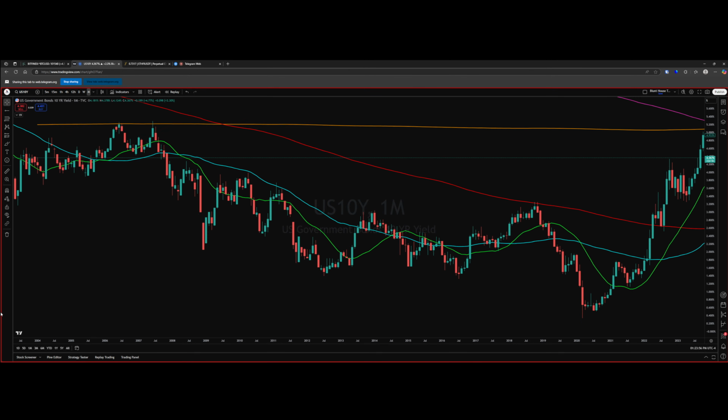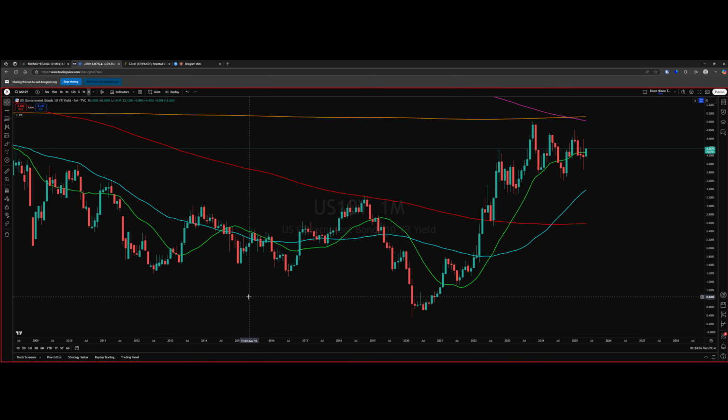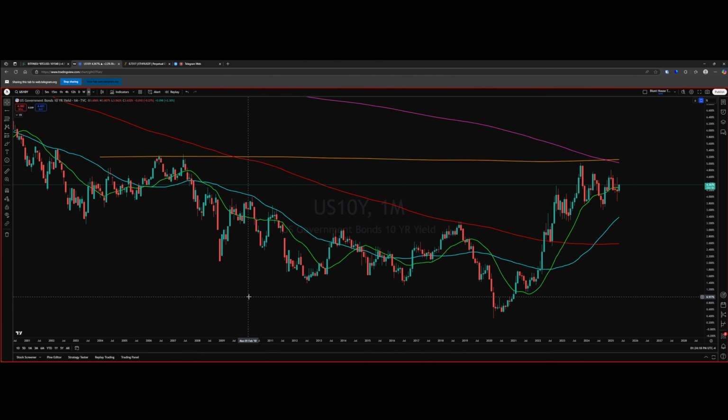And, oh, by the way, it's already been there in the form of a double top back in 2006 and 2007. So what's that symbol there? US 10Y. Right? And here we are today on the 10-year. $436.